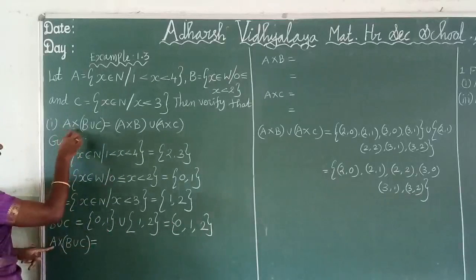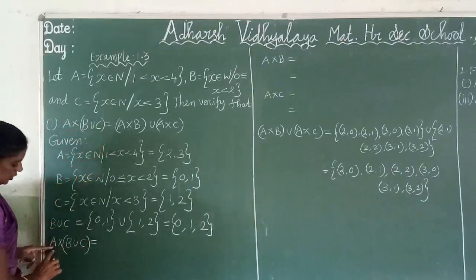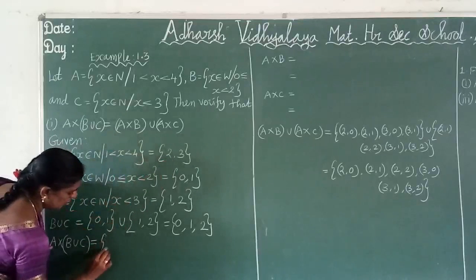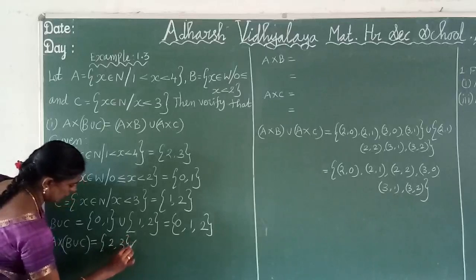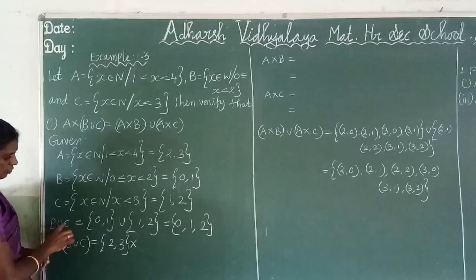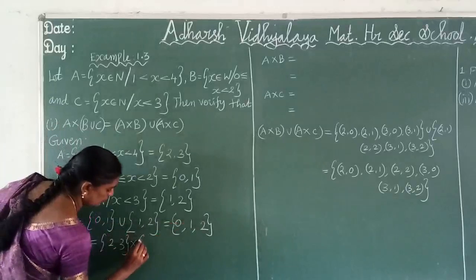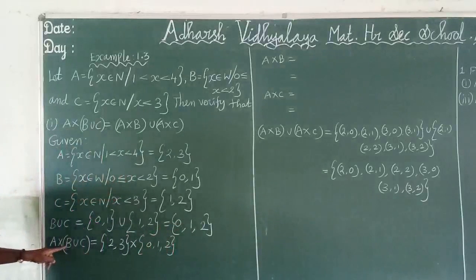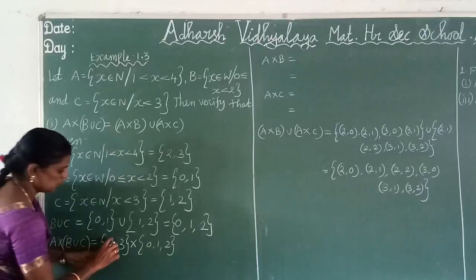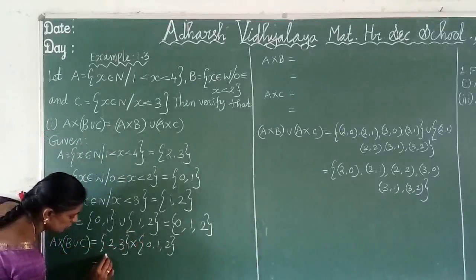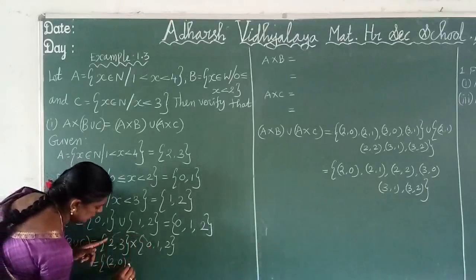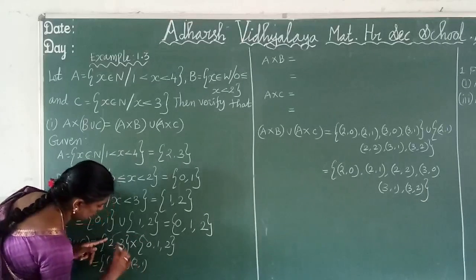Next you find A cross B union C. A cross B union C answer. A answer first you write, 2, 3, cross B union C. B union C is 0, 1, 2. So write first 2, 0. Next 2, 1.